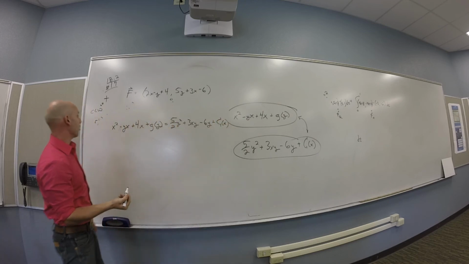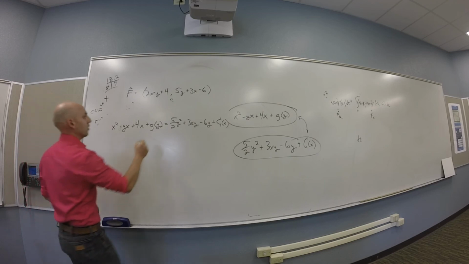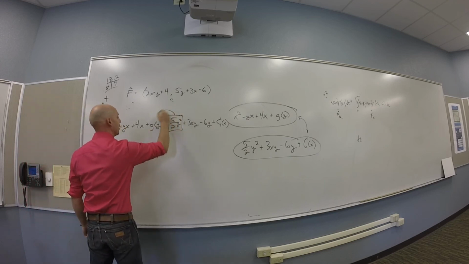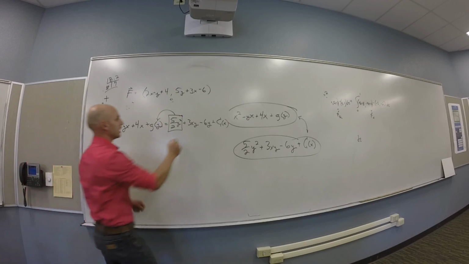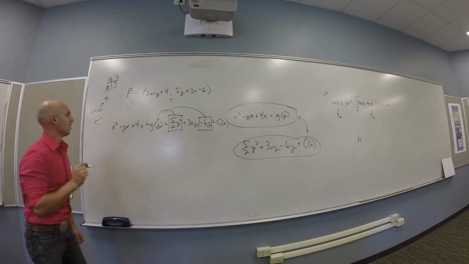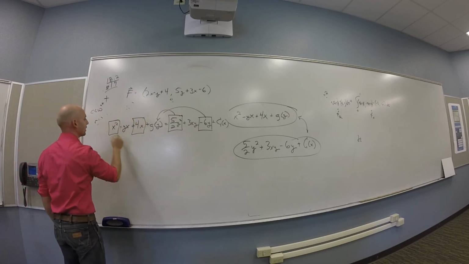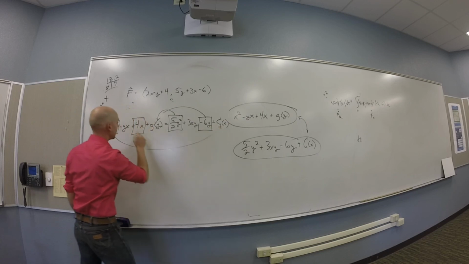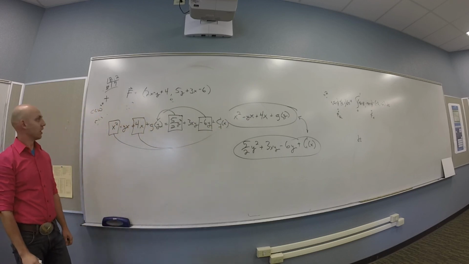Okay, so which things can you account for? The 5 halves y squared and the 6y on that side? Okay, like this can be a part of g. And the 6y, so can the 6y. The x squared and the 4x, those can be accounted for in the c of x, right?